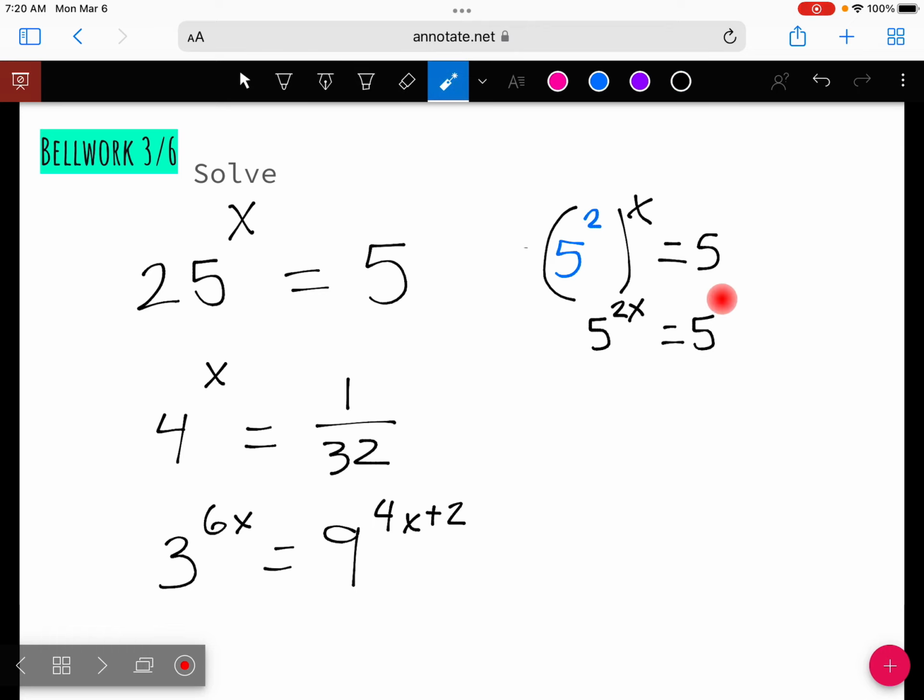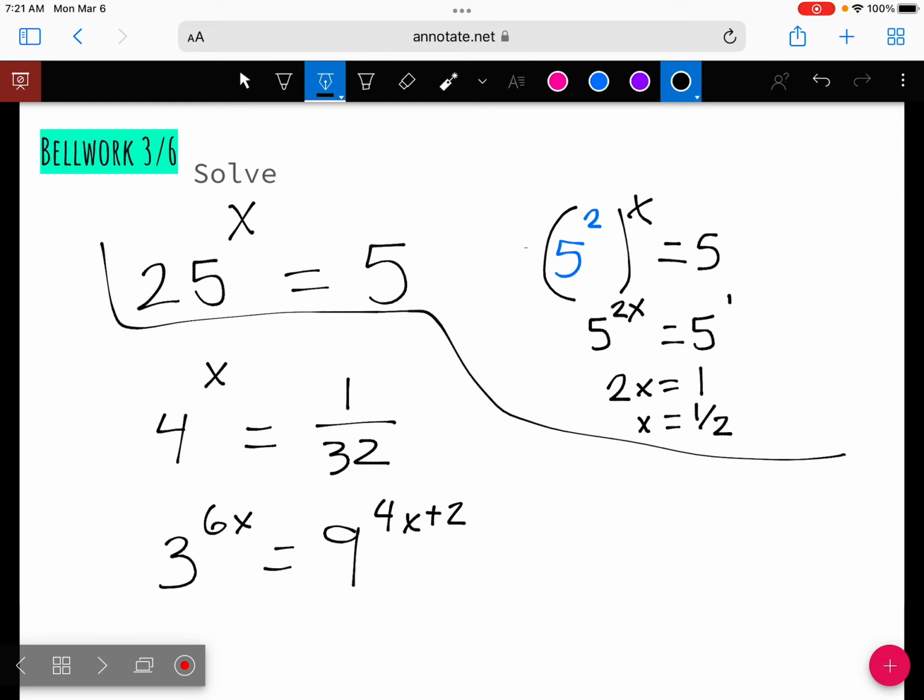What's the power on a number like this? 1. So 5 to the 2x equals 5 to the 1, which means 2x equals 1, which means what does x equal? 1/2. So for this first one, x is 1/2, which you can also see if we pay attention to our fractional exponents, which we've done before, but it's been a hot minute.